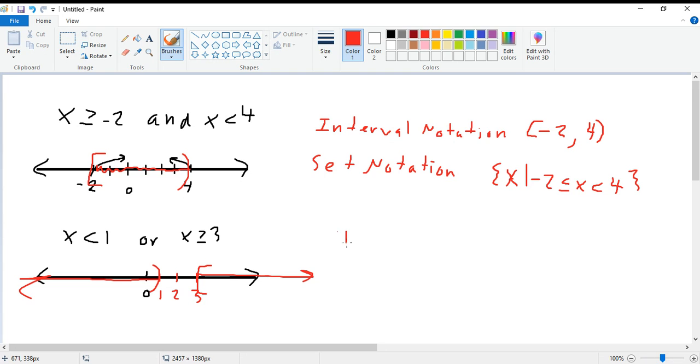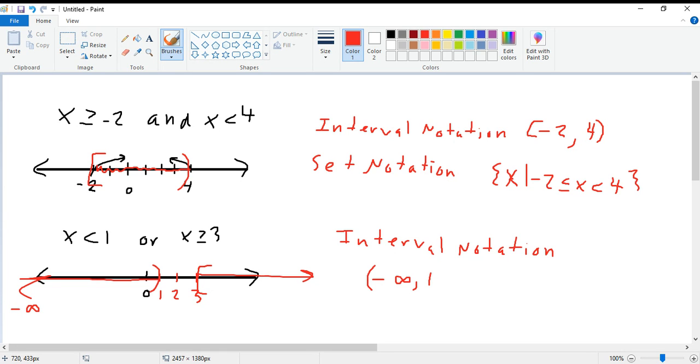If we're going to write this answer in interval notation, this first portion is shaded all the way until -infinity, forever and ever to the left. So we're going to write -infinity, comma, this first piece stops being shaded at +1, so we'll write +1.